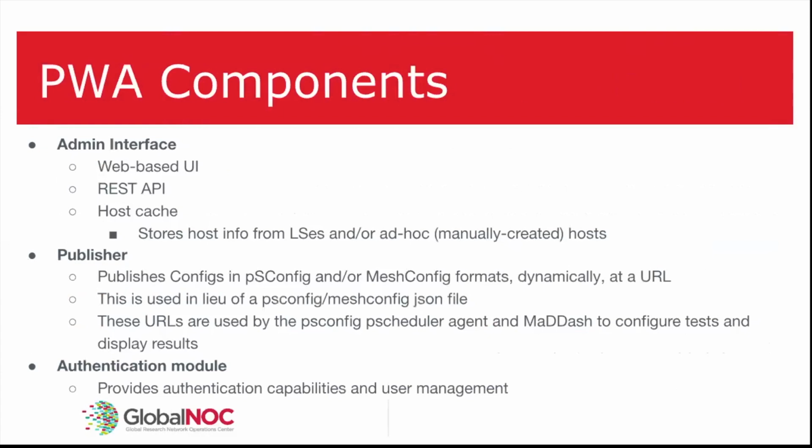It's just a URL that takes the place of the pSConfig JSON file, and those URLs are what you feed to pSConfig and maddash to configure the tests and display your results.